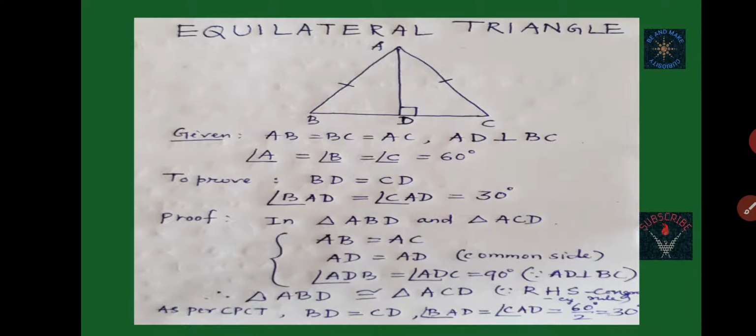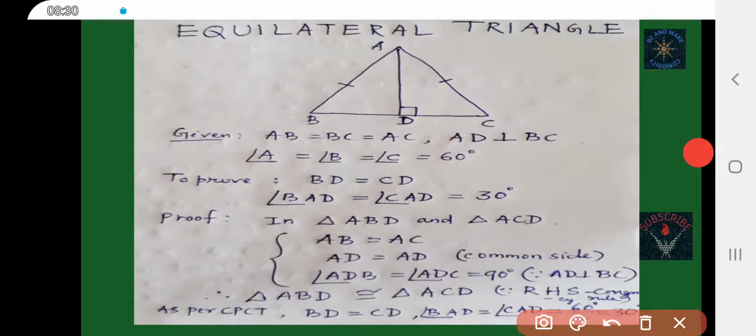Here you see an equilateral triangle. In an equilateral triangle, all sides are equal. So here given AB is equal to BC is equal to AC, and AD is perpendicular to side BC.